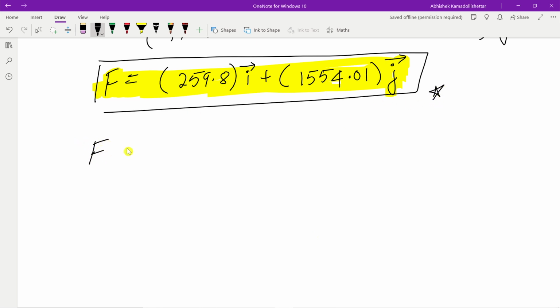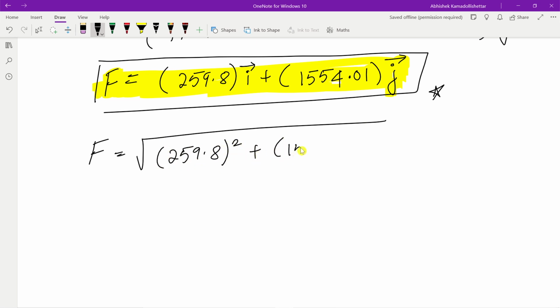To get the force magnitude, we have to take the summation of 259.8 the whole square plus 1554.01 the whole square.